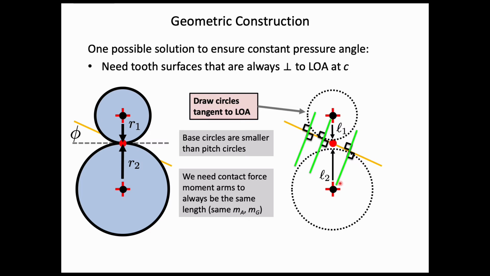We can draw another set of moment arms for a third contact point here. So we want these moment arms to always be the same, and if they are always the same, then we're going to have the pitch radii remain the same, the pitch point remain the same, and the speed ratios remain the same.